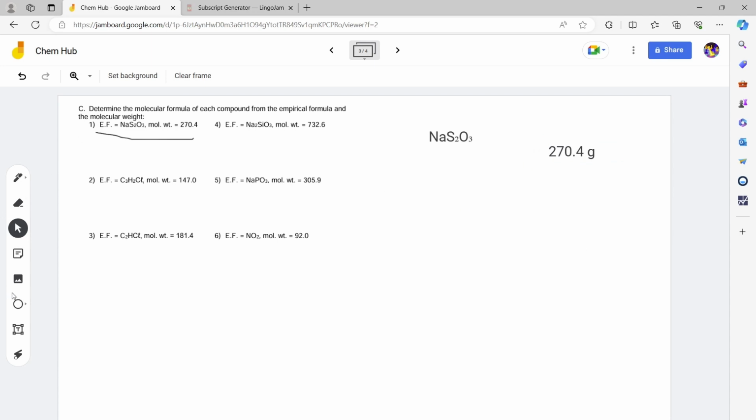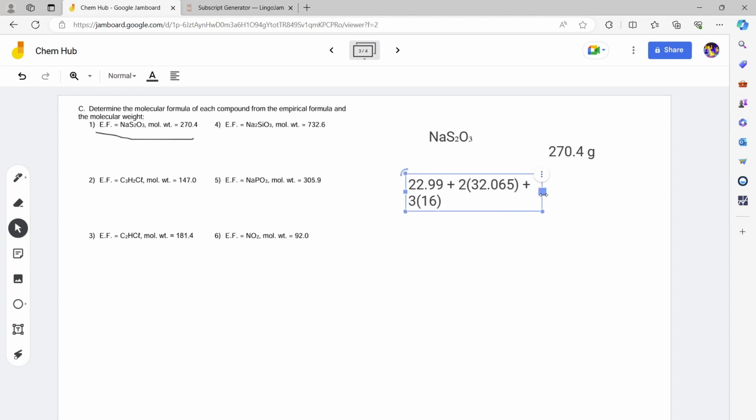So you might be wondering, how do we find the molecular formula from this? First off, we need to find the full total molecular mass or molar mass of the empirical formula, which we will be able to do by just simply adding. So we'll do 22.99 plus 2 times 32.5 plus 3 times 16.